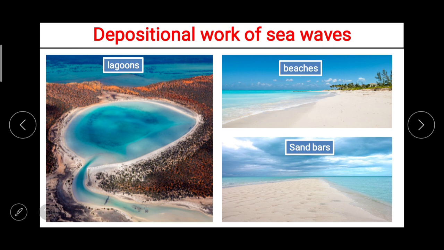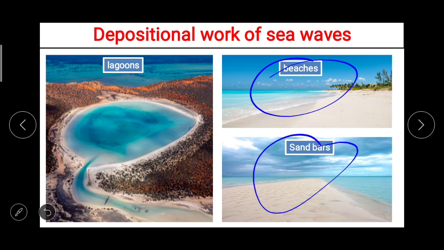So, deposition of such materials occurs at the places where the effect of waves is less, and because of this landforms like beaches, sandbars and lagoons are formed due to depositional work of the sea waves. So, here in this topic we are talking about the landforms which are formed due to the work of different things like sea waves or wind.